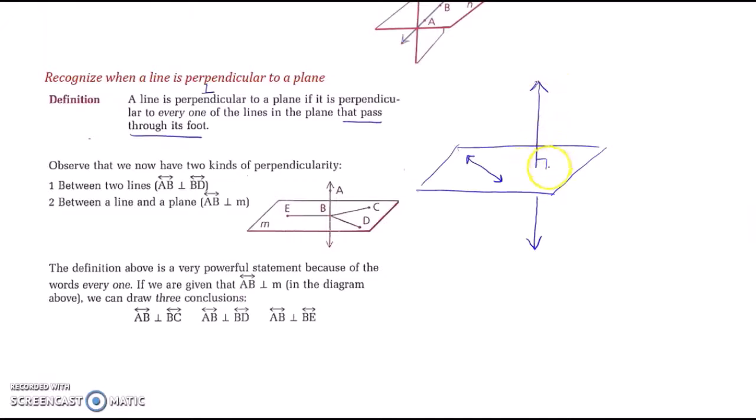Okay, so the line that passes through, let's call this A, is perpendicular to plane P, and line B here does not pass through the foot of A. Are they perpendicular? No, they're not. So line B would have to pass through the foot in order for those two lines to be perpendicular.